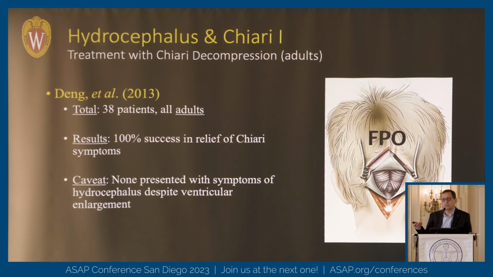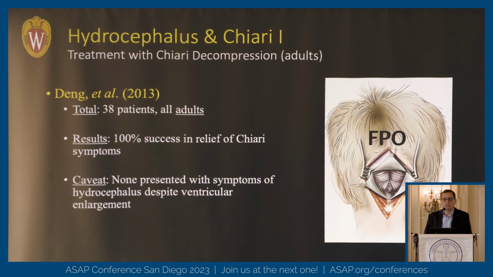So the question is, were these large ventricles truly hydrocephalus, or were these large ventricles at baseline? And there is no way we can tell at this point. The bottom line is that when he did posterior fossa decompression on all of these with large ventricles and Chiari I malformation, they all had resolution of their Chiari symptoms, and there was no leak, and there were no other symptoms related to the hydrocephalus.